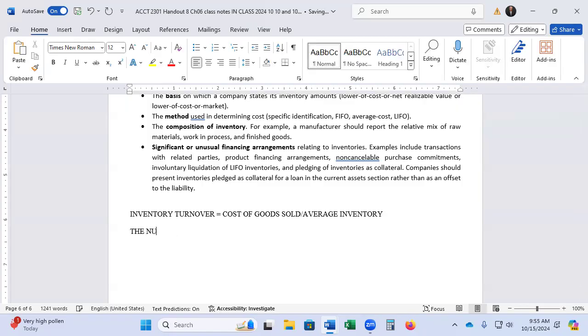And this is the number of times on average a company sells its inventory during the period.